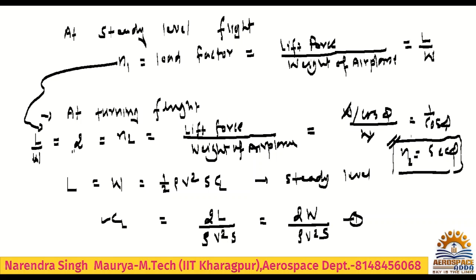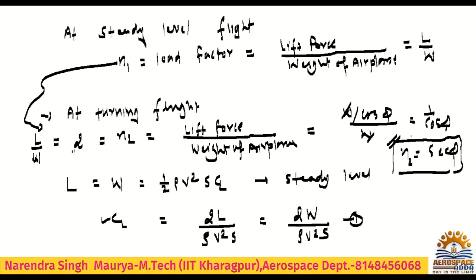It is 0 to 1. Cos phi range is what? 0 to 1. Cos 0 is 1, and cos 90 is 0. So that range, if you check, it is nothing but 0 to 1, in radian I'm saying. Okay, so definitely 0 is not possible for load factor.